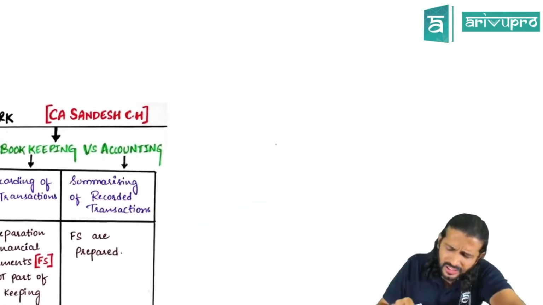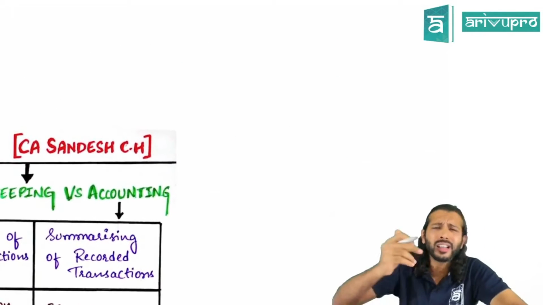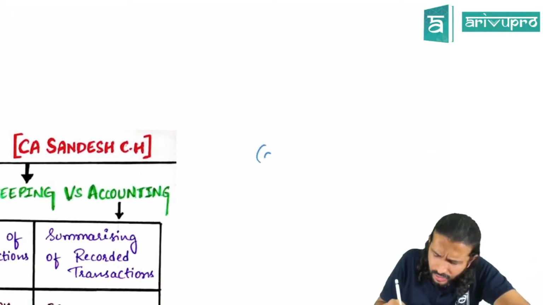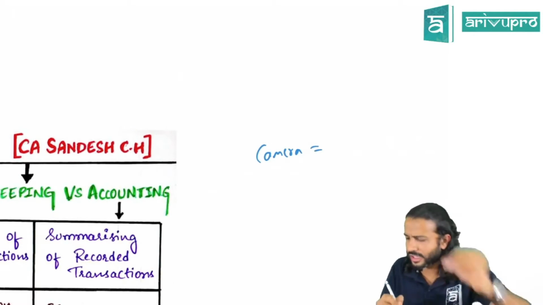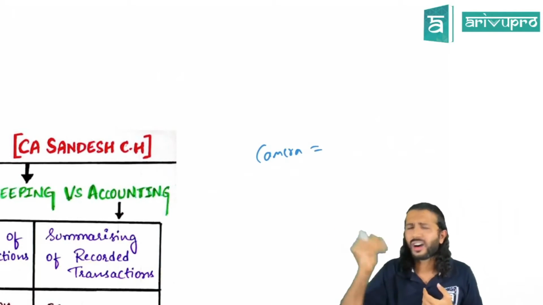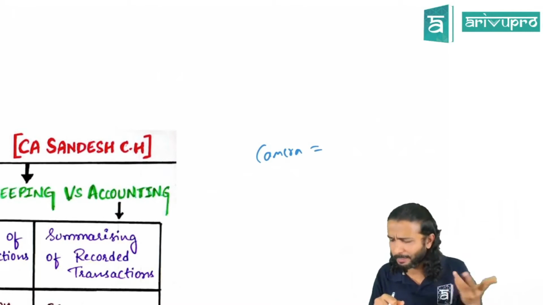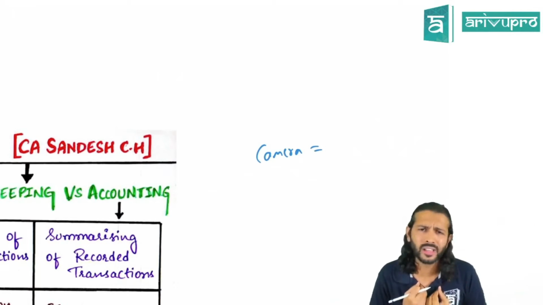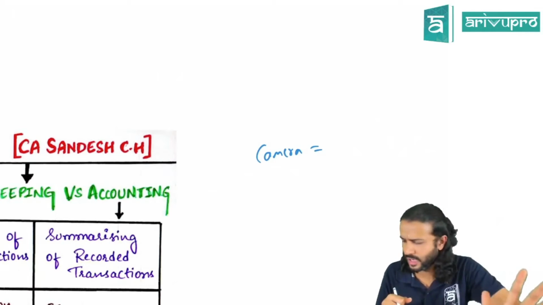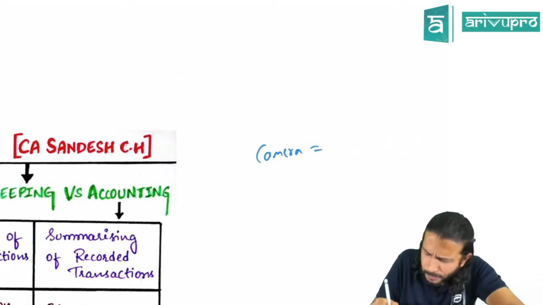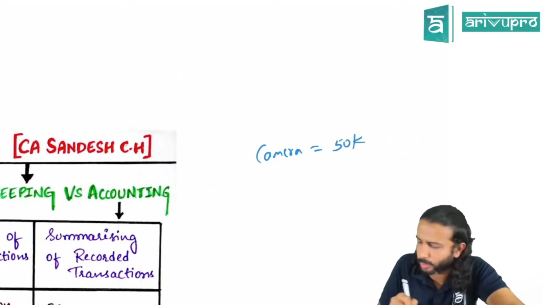If I have to give you an example, to conduct the classes, I have brought a camera, correct? I require a camera, mic, laptops, iPad. These are the things I require to give online classes. Let's take a simple one. I purchased a camera by paying 50,000 rupees.